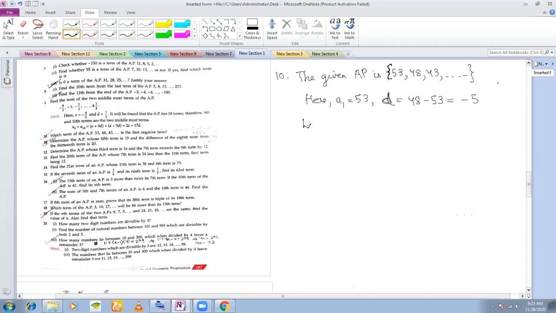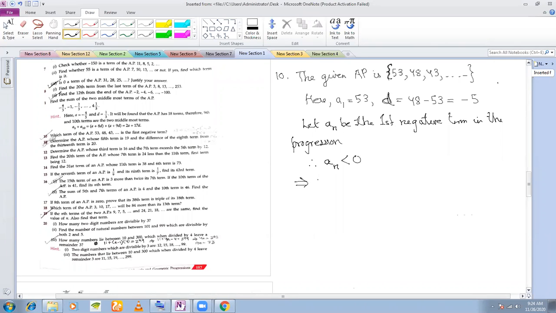So I say let an be the first negative term in the progression. Therefore, if an is the first negative term, then an must be less than 0.